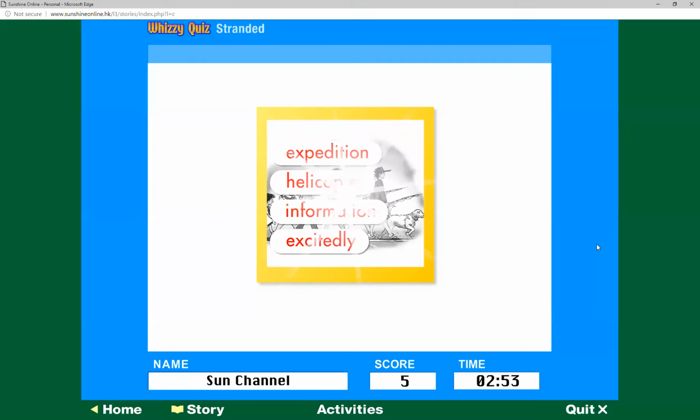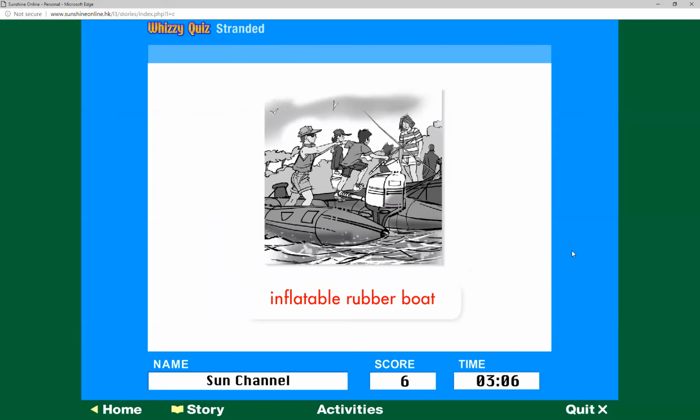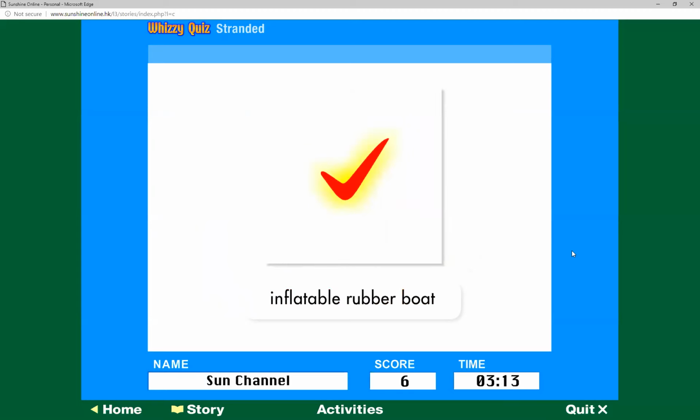Great. What is IRB short for in the story? Yes. In the story, IRB is short for inflatable rubber boat. Fantastic.